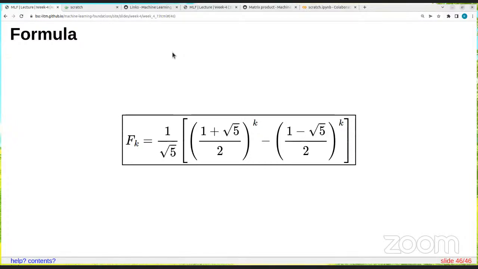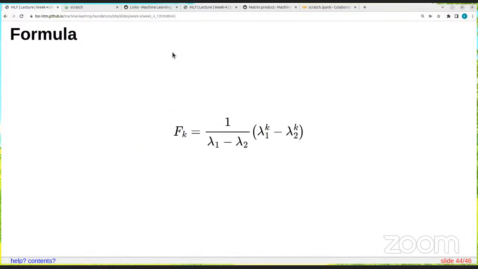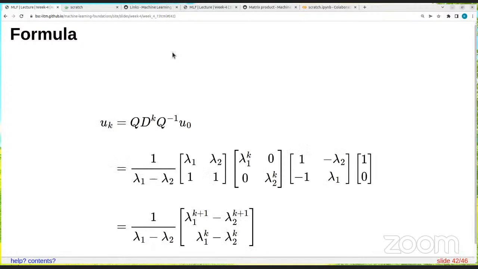We are considering 0 as the first term, like we are taking it as f0 or f1. F0 is 0, F1 is 1.